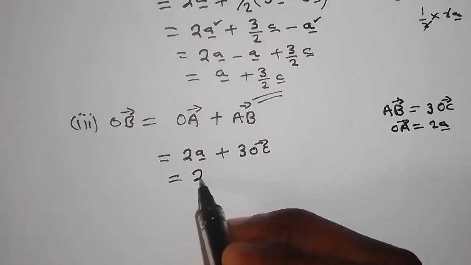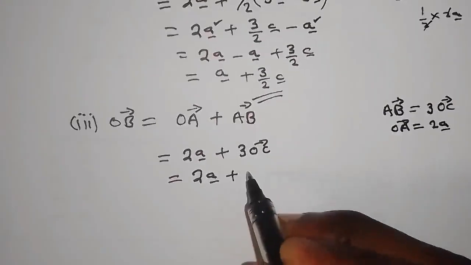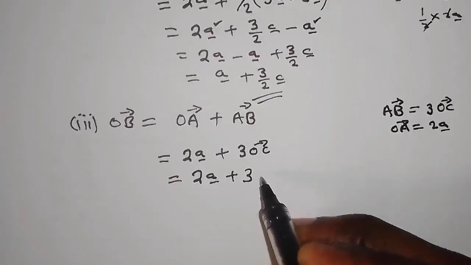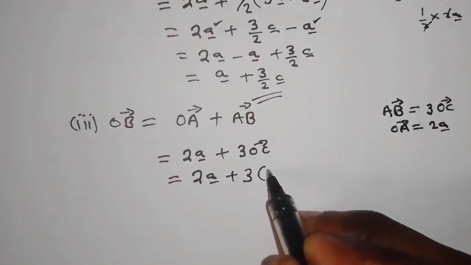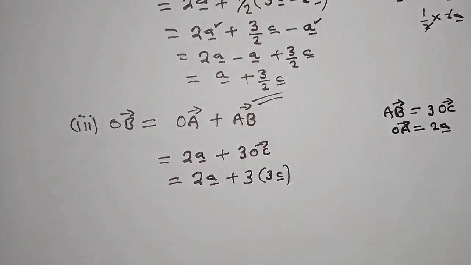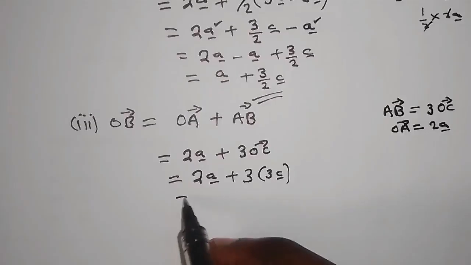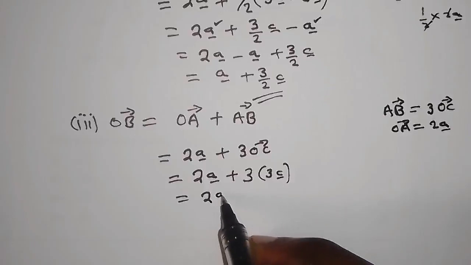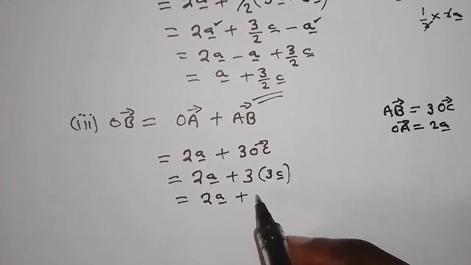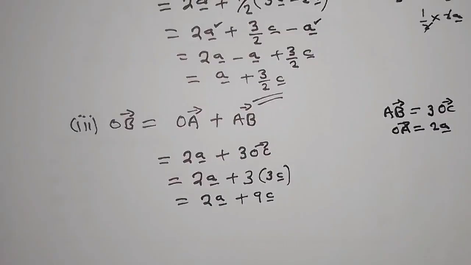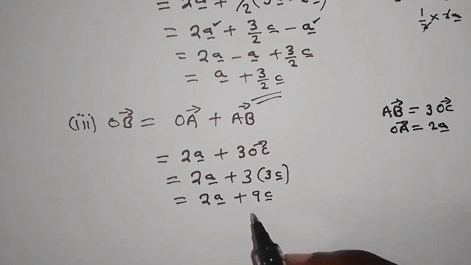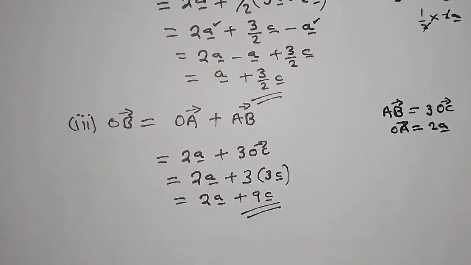So this is going to be 2a plus 3 of vector 3c. Then from there, we know that this is 2a plus 9c. Okay, then we are done.